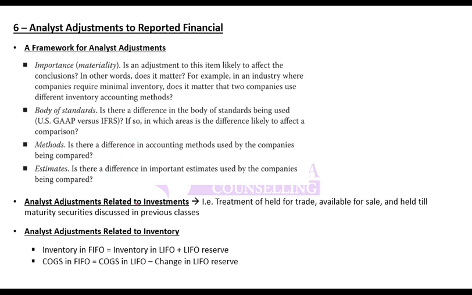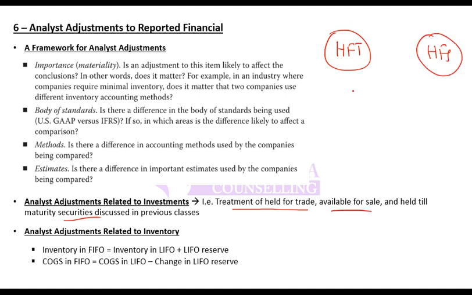Apart from these, what do analysts actually change or may need to change? Other adjustments can include treatment of held for trading, available for sale, held to maturity securities. So maybe there is a company which classifies a security as held for trading, and another classifies it as available for sale.